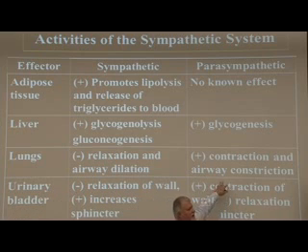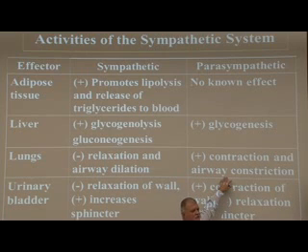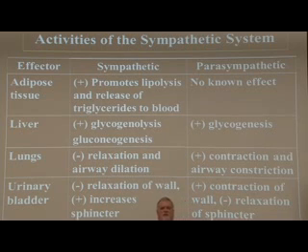And then if we don't need as much airflow, then we'd want to make them smaller, right? So if somebody has COPD and they have trouble breathing, we use inhalation agents that affect the sympathetic nervous system and dilate airways. That's exactly what we're doing with that.